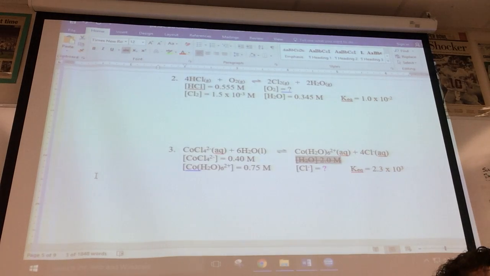So the first thing you're going to do is write the KEQ expression. I'm leaving that on the screen. Write the KEQ expression in your notes or on paper. Let's make sure you've got that cold.